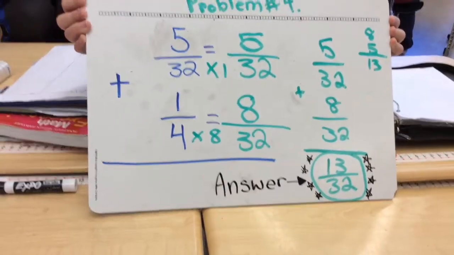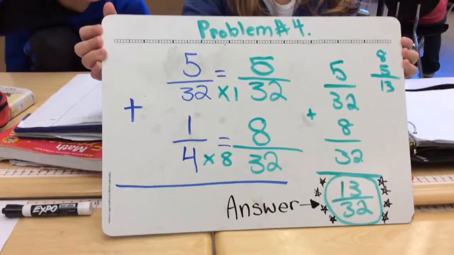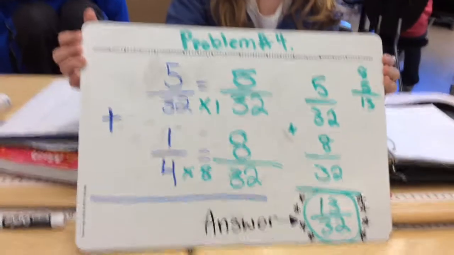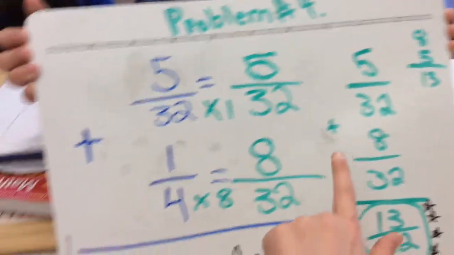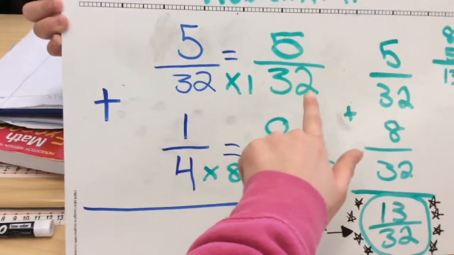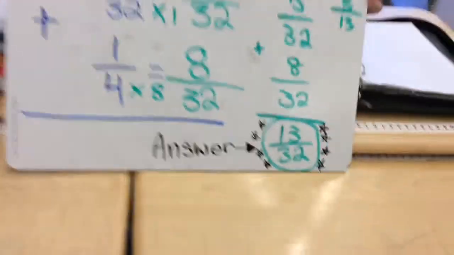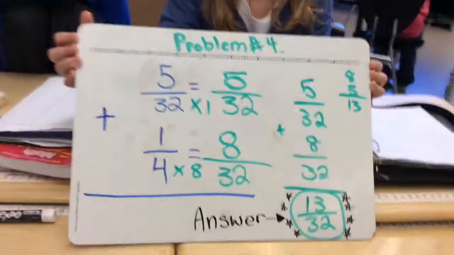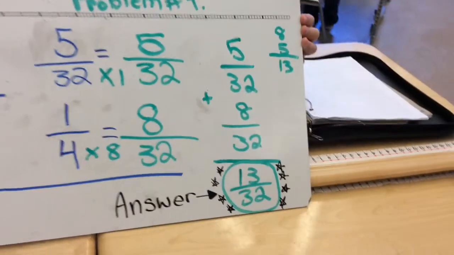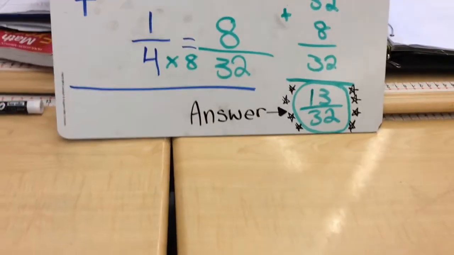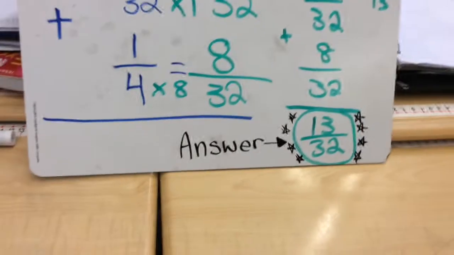So then 8 times 1 is 8 at the top. Then 32 times 1 is 32. So then 5 times 1 is 5. So then 5/32 plus 8/32. 8 plus 5 is 13. So 13/32 is your answer.